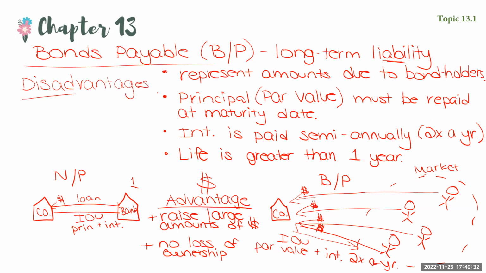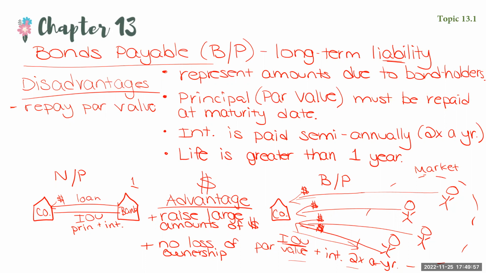Well, we kind of mentioned one. You're giving them, these bondholders, an IOU saying, I'm going to pay you back plus interest. So of course the disadvantage is you have to repay par value. Whereas we're going to see next chapter with stock, you don't repay the investment that your stockholders make. You don't repay it.